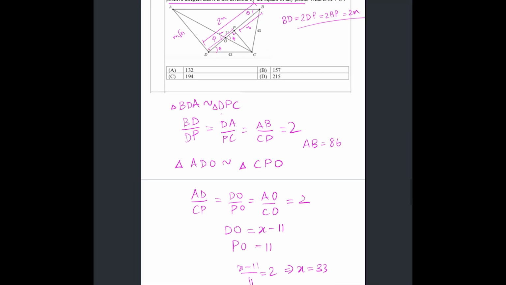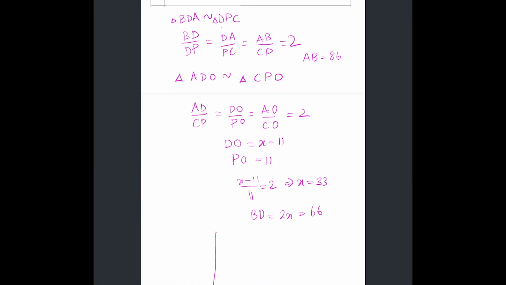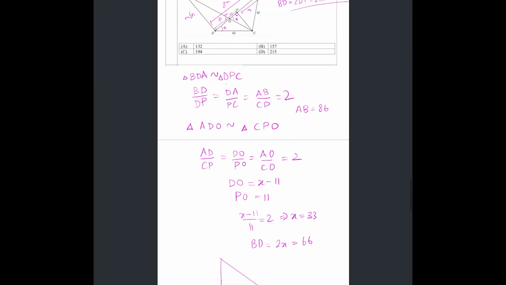So in triangle ABD, we know two sides, right? We know one of the sides is 86 and one of the sides is 66. Now we need to find this side, AD, right?